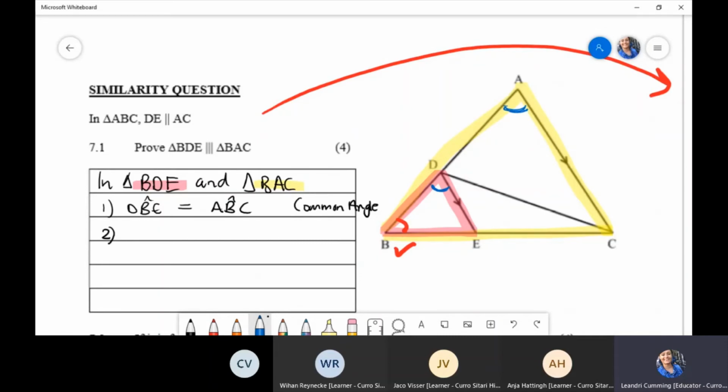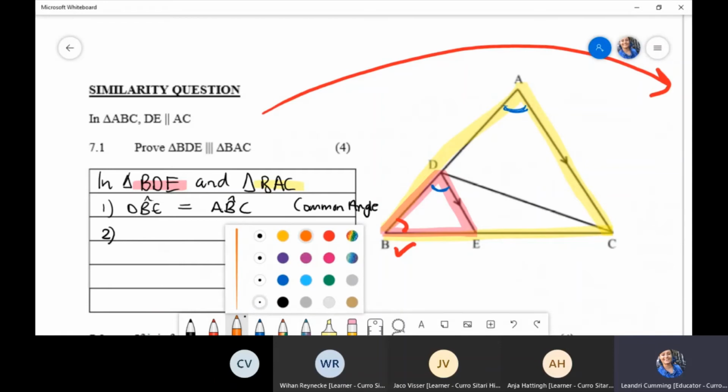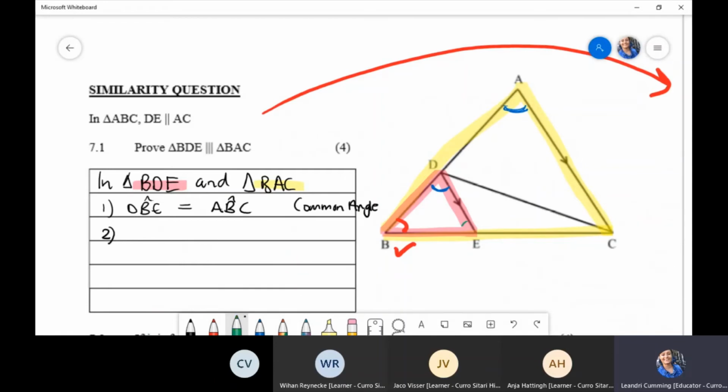If you wanted, you could use these angles as well, because that's also corresponding to this angle. So it's your choice. So angle BDE is equal to angle BAC. And that is because they are corresponding angles.